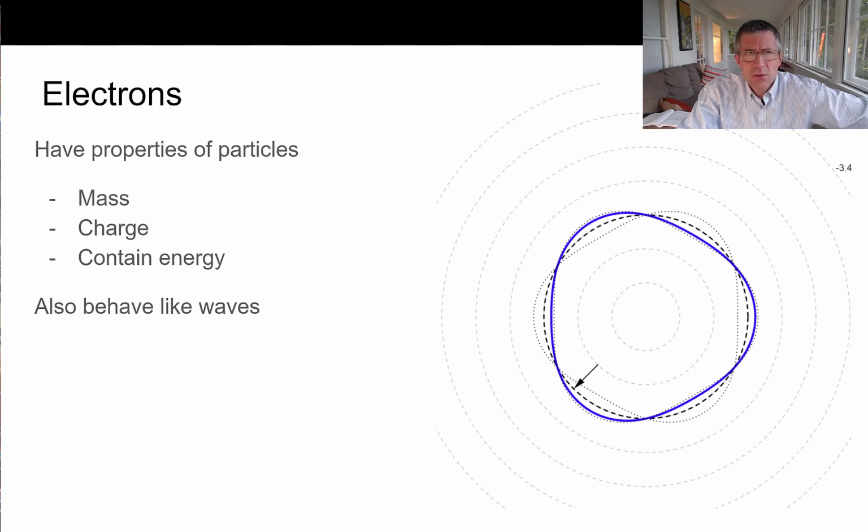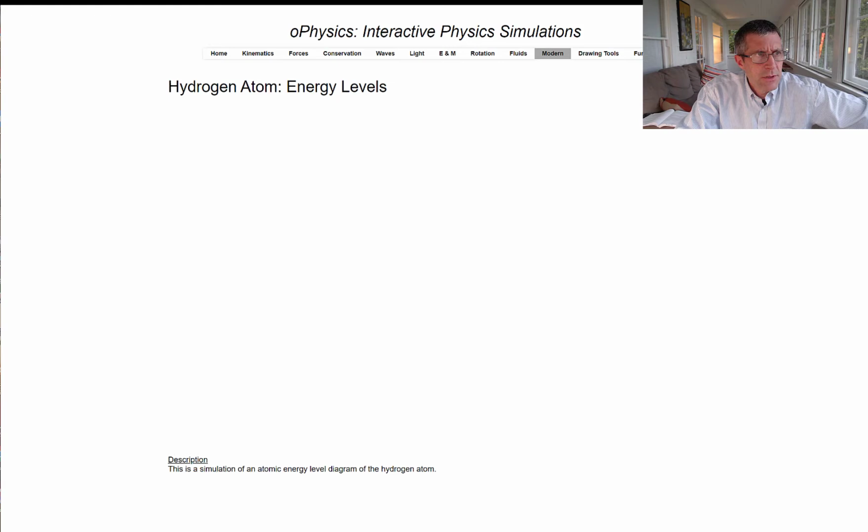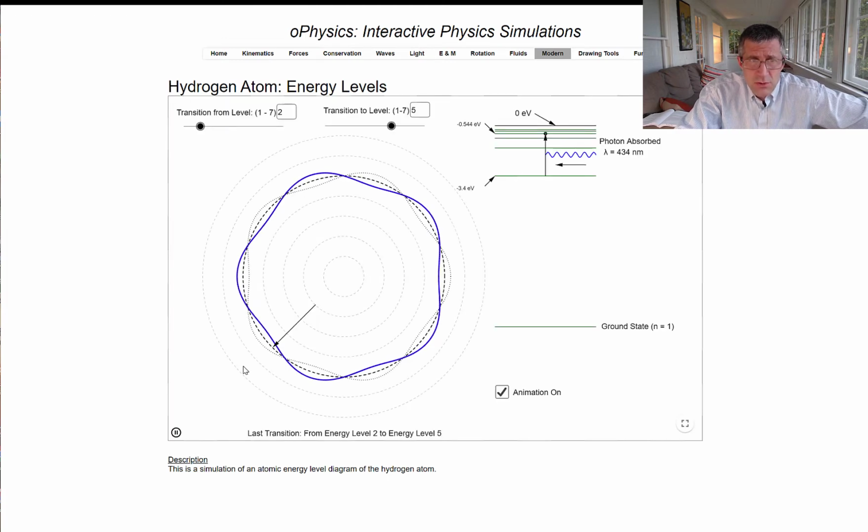Let me show you what this looks like on a simulation. Here's the basic idea: we're going to have places where electrons can exist, and those electrons are going to exist essentially as waves, and those waves are going to be spreading around. So this is one example of how to think about it. I essentially have a stationary wave.